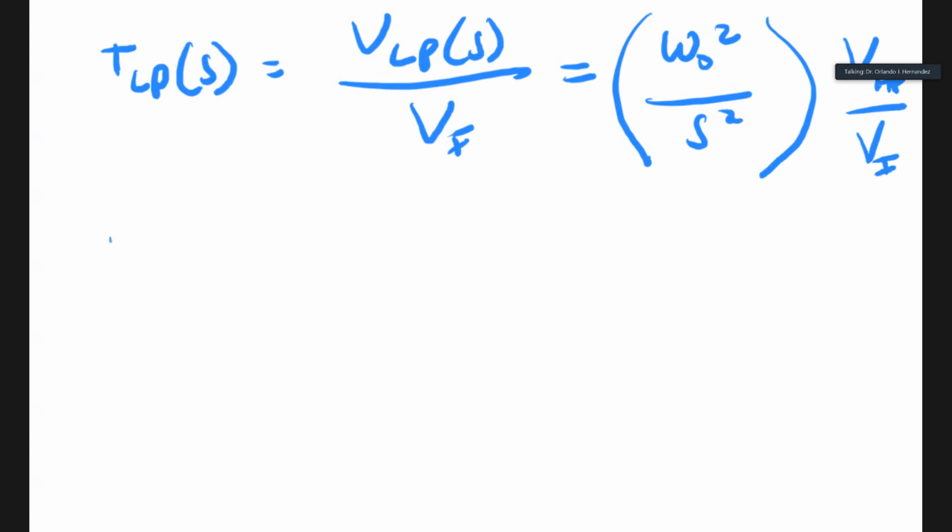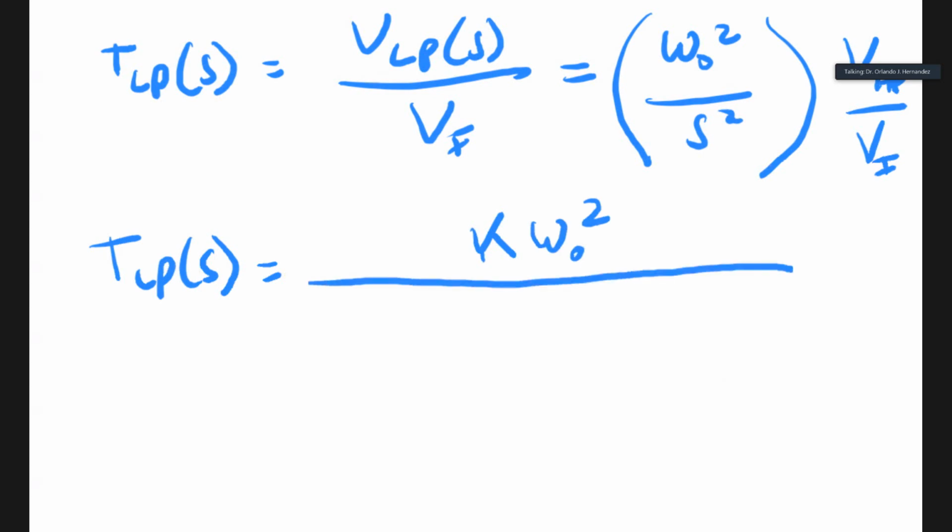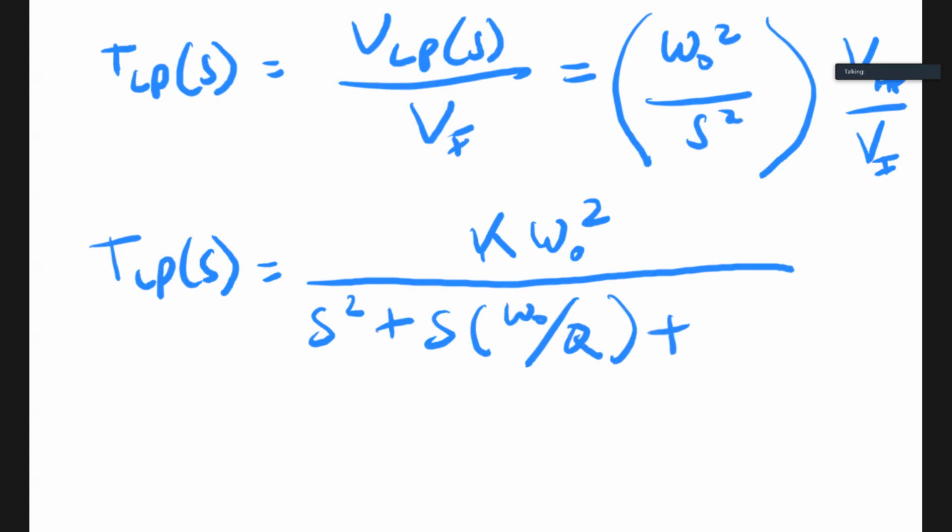And then I get my low pass transfer function again, all poles, so I only have a constant in the numerator of the transfer function over our familiar poles denominator.